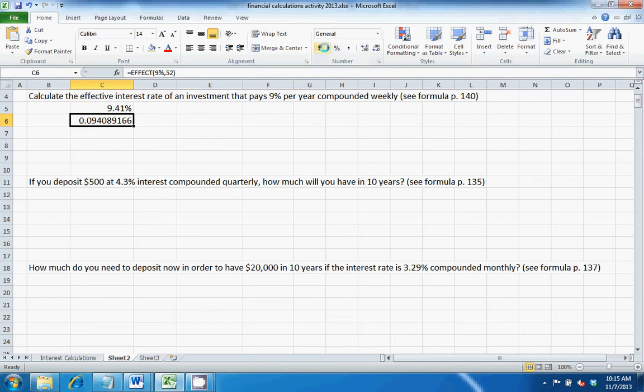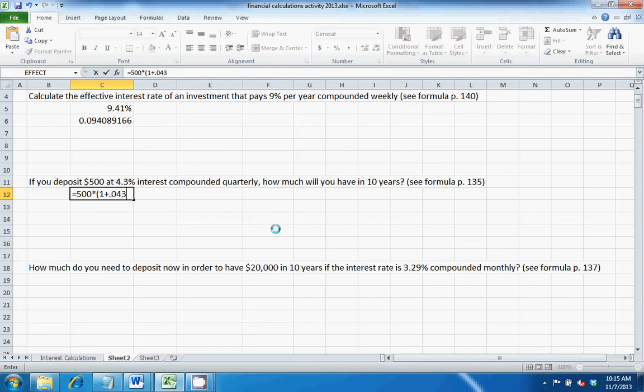Okay, for the second problem, we need to use the future value formula, which is on page 135 in your book. So if we've got $500, we want 4.3% interest compounded quarterly.